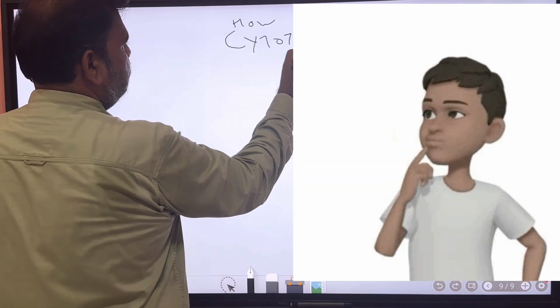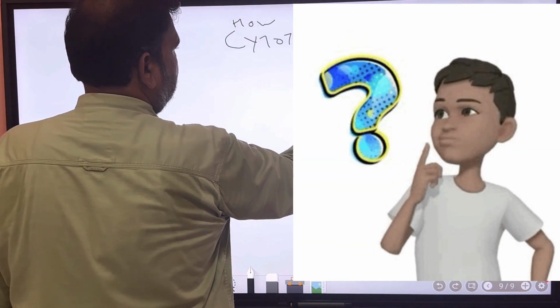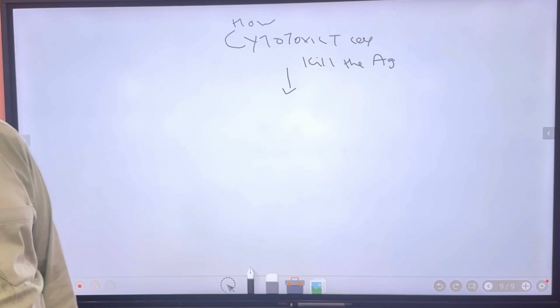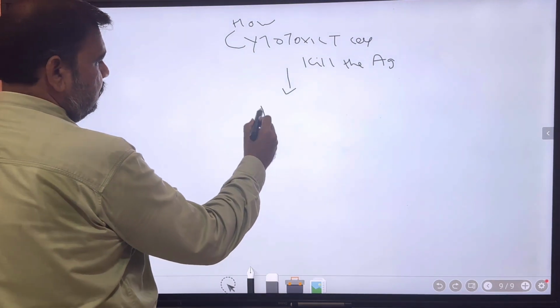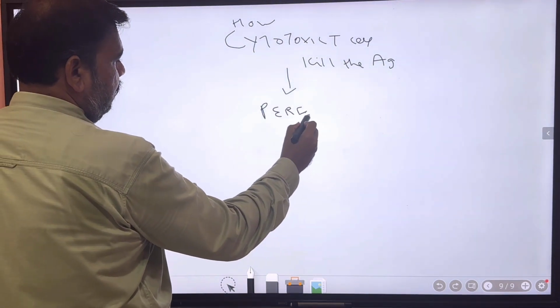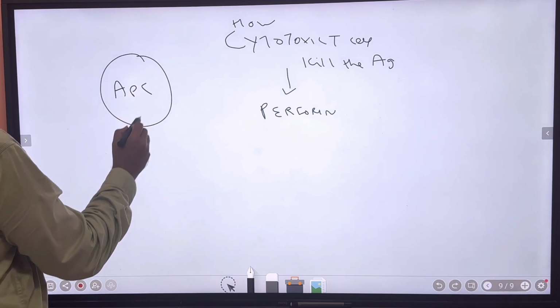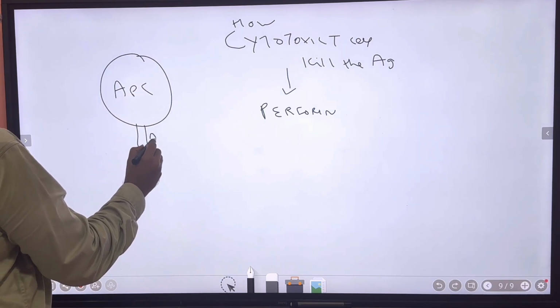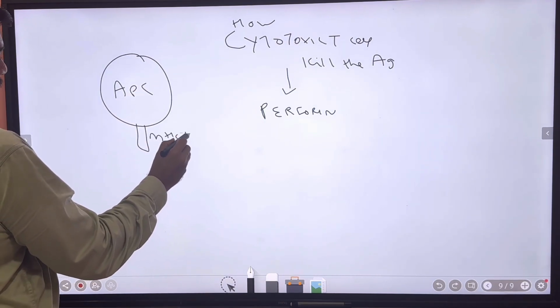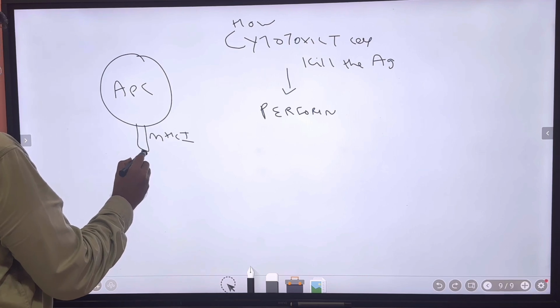How is the cytotoxic T cell going to kill the antigen? Mainly three mechanisms. One is perforin. Here, this is the antigen presenting cell. You can tell MHC1, very good. This is that antigen.